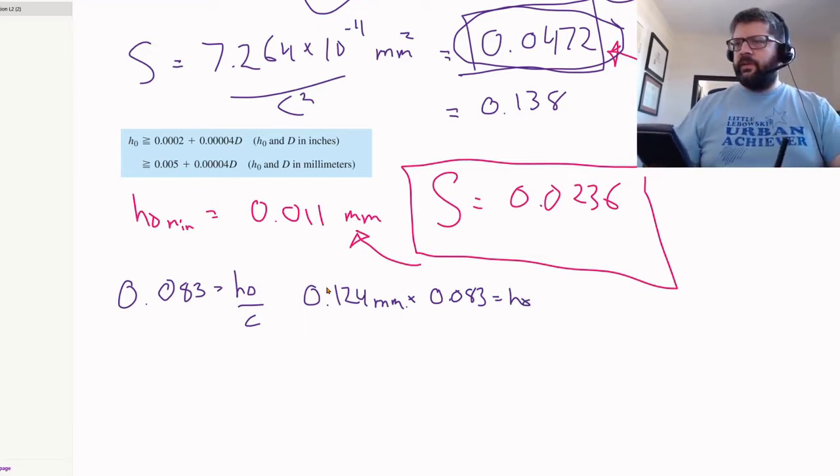So in that instance, we would end up with an H naught that is equal to 0.0102 millimeters.